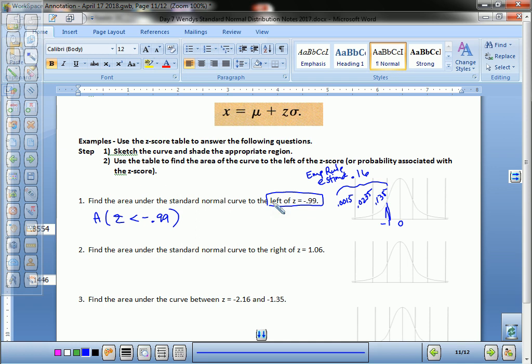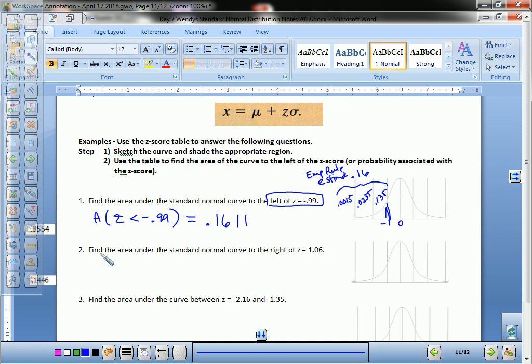Did we get 0.1611? Yes. This is exact. Was that a pretty good estimate we had a minute ago, though? That empirical rule is not too shabby. That's a good estimate.